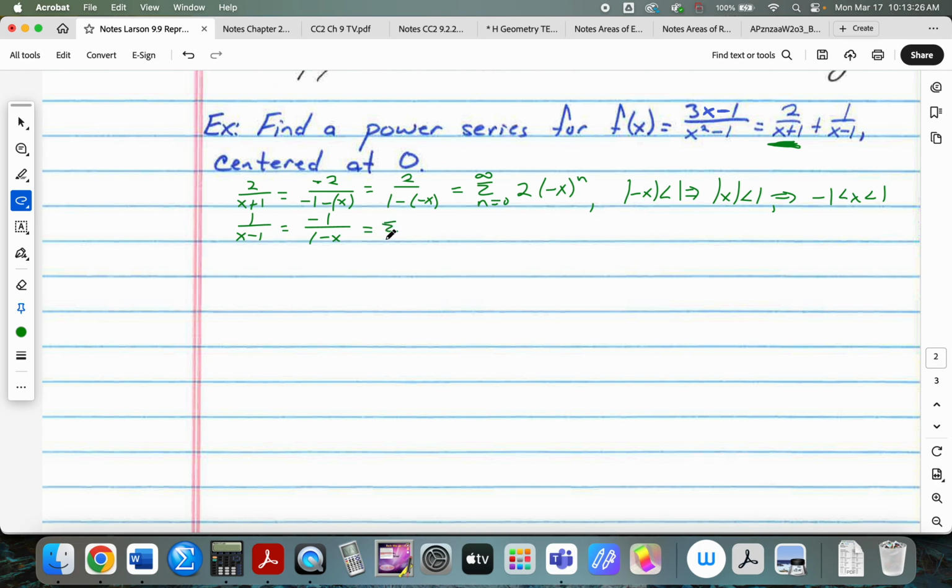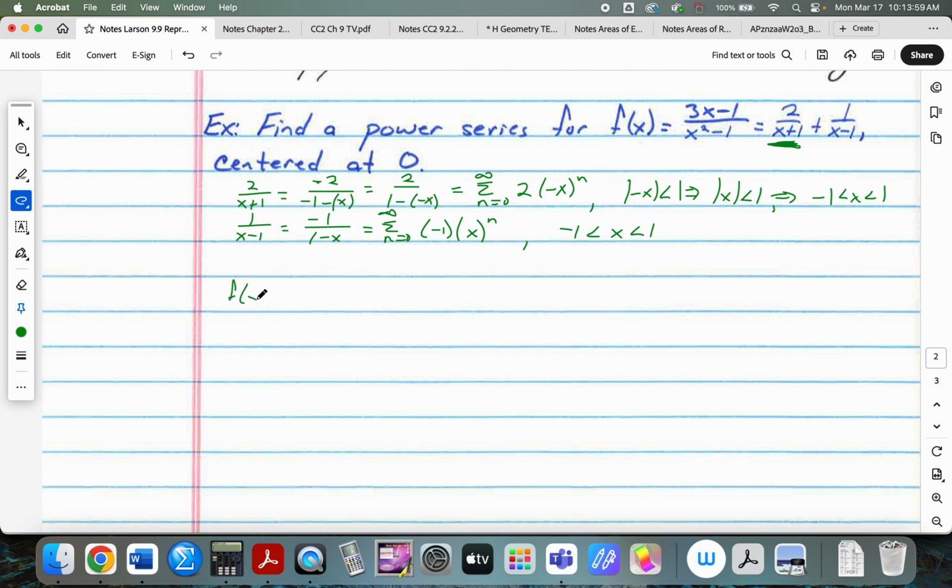So that'll be the summation as n goes from 0 to infinity of negative 1 times x to the nth power. And here, this is x to the nth, negative x to the nth. It's going to have the same interval of convergence. So negative 1 is less than x is less than 1.